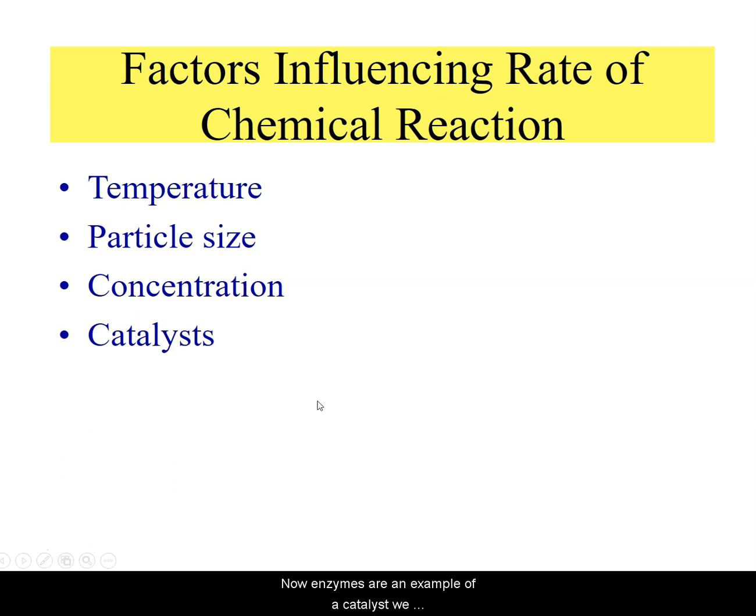Now, enzymes are an example of a catalyst. We need enzymes, and the enzymes are usually proteins that are catalysts that will either speed up a reaction or cause a reaction to happen, and those protein enzymes are very important for a lot of reactions that happen in our physical body.